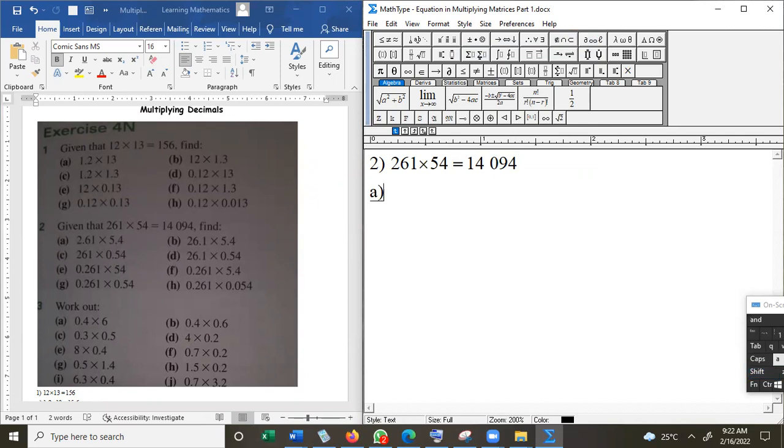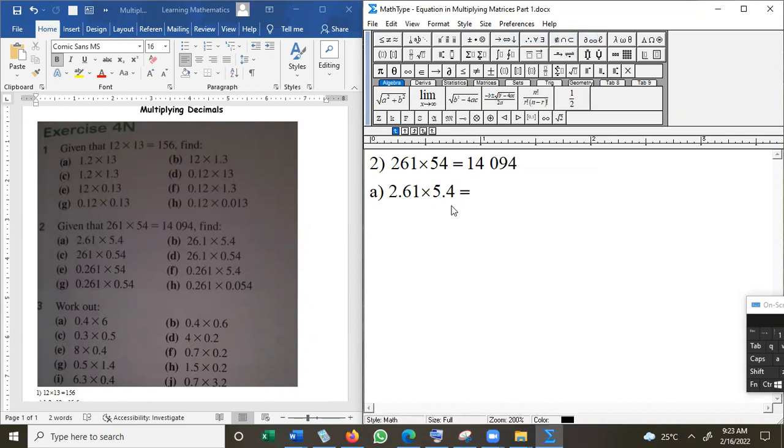Part A, we have to find what is 2.61 times 5.4 equal.